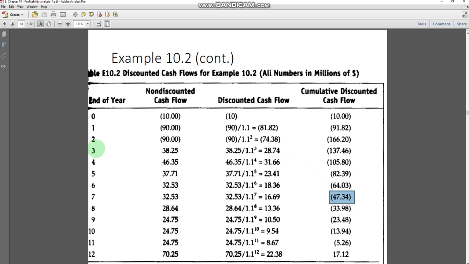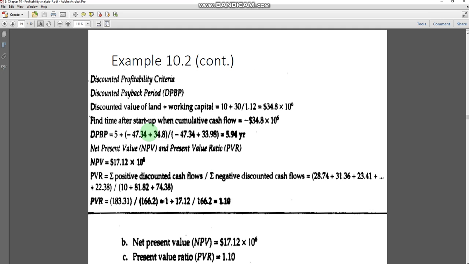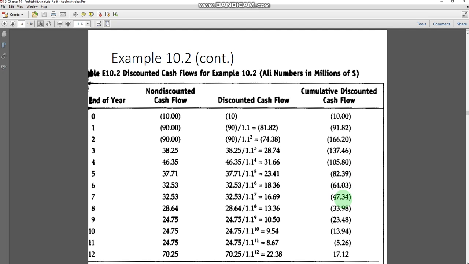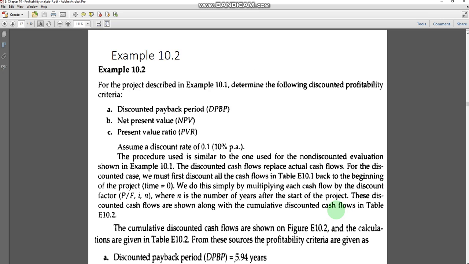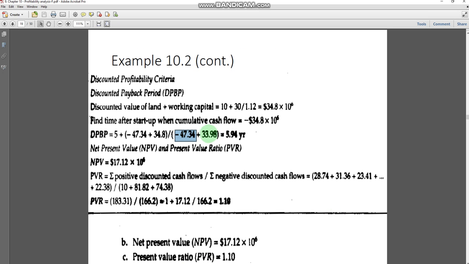For the years 1 2 3 4 and 5, this one is the number here, minus 47.34, and then this one minus this one, $34.8 million, and again this value minus 47.34 from this table, and then the next value 33.98. This is the equation that we usually use for the interpolation. So the value for the discounted payback time will be equal to 5.94 years.